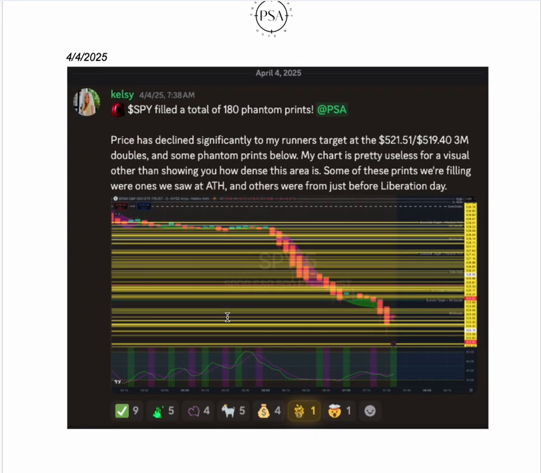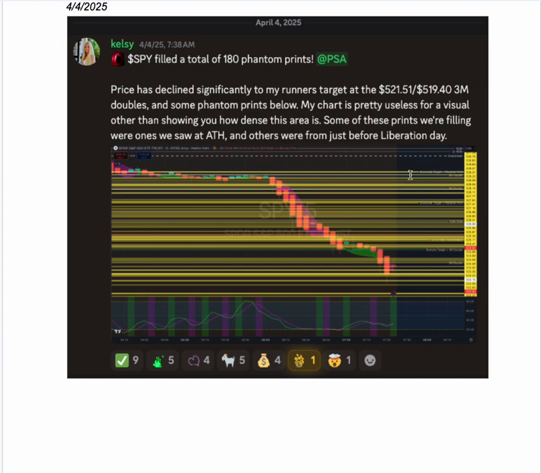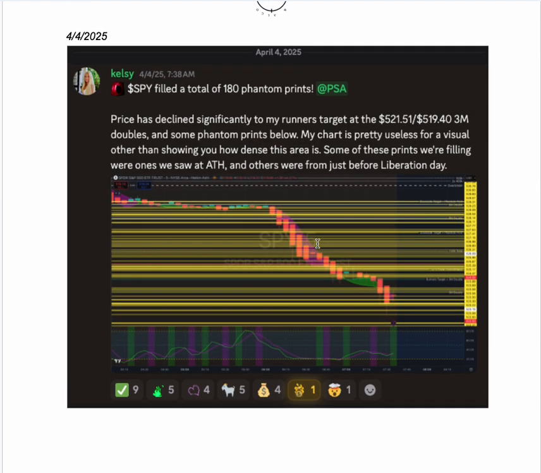And then here's a crazy example. I think this was around Liberation Day. We had tons of phantom prints just below, and these were within the daily plan, but they were more into runner's territory. But we had the news to drive us down. You can see once we got into this zone of phantom prints, and these were levels that we were recording when we were at all-time high.